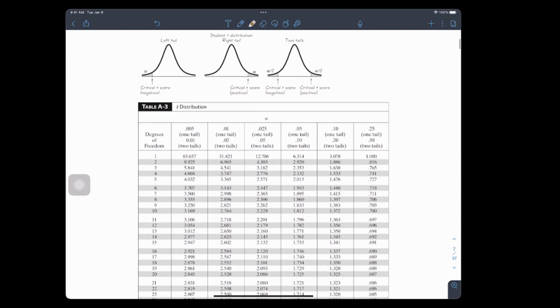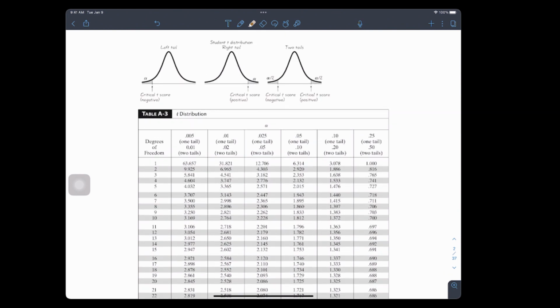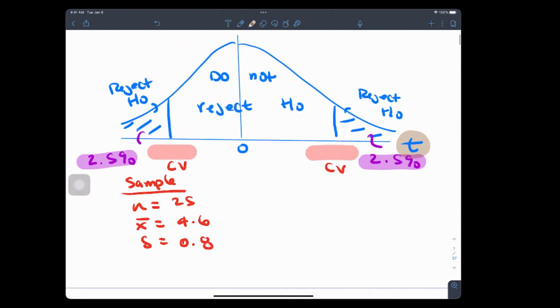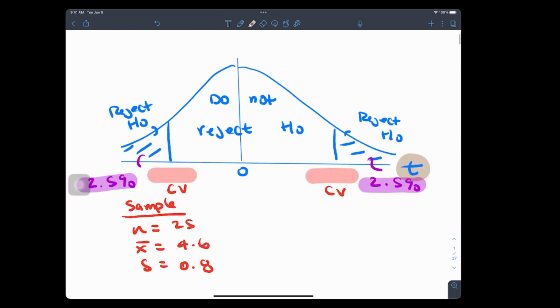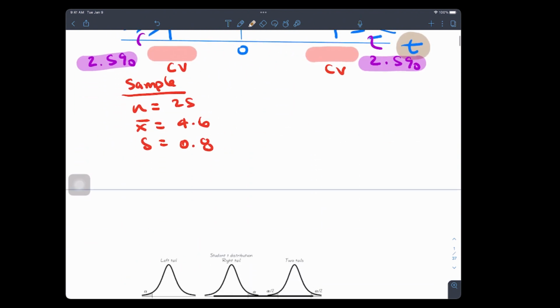So on this worksheet, yes, in the past, we had to use tables. Maybe we can still use a table. Should I show you guys the table? Just for fun. Here's what you guys need. Remember I talked about this? If you have the sample size, you need the degree of freedom.